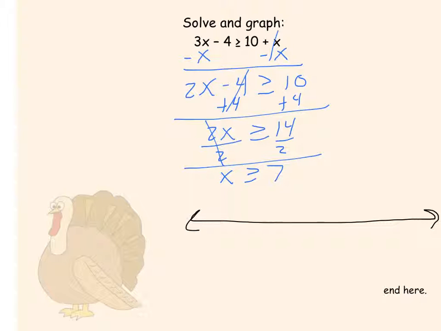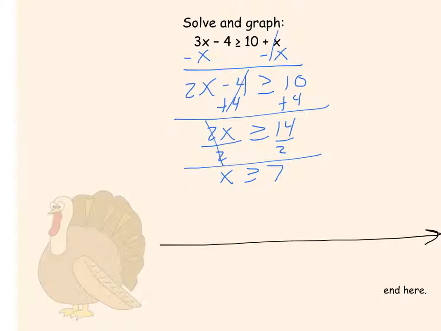Notice at no point in time did that inequality switch directions, largely due to the fact that I did not multiply and I did not divide by a negative number, so the direction of the sign did not change. Okay. So now I need to graph x is greater than or equal to 7.